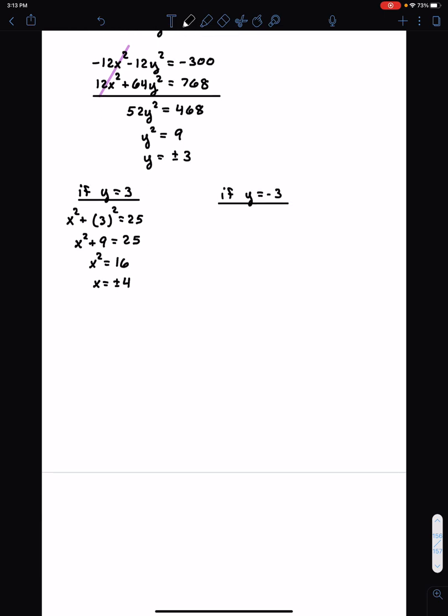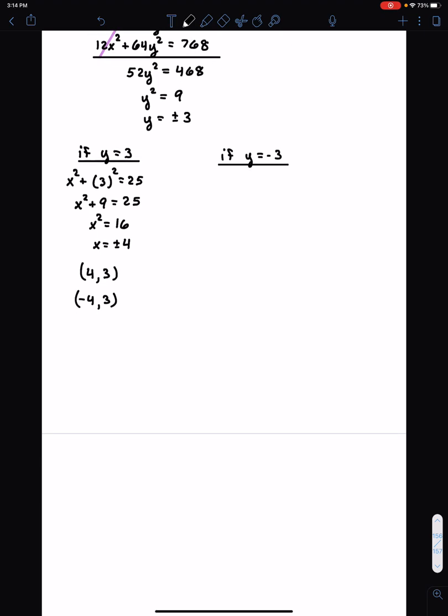So when x is 4, y is 3. And when x is negative 4, y is also 3. If I combine those, it will be plus or minus 4, 3.